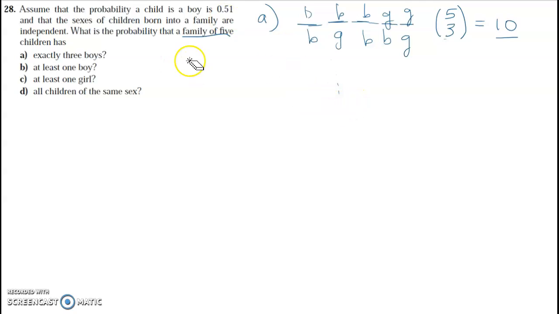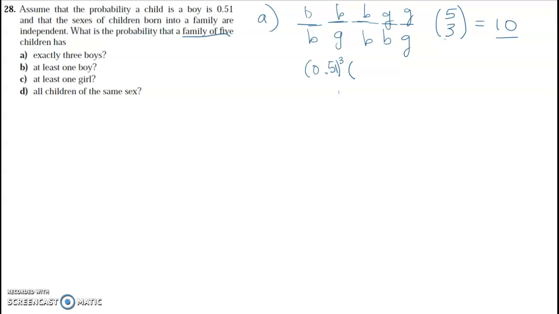So we'll keep that number around, and the next thing we have to do is find the exact probability of exactly 3 boys. The probability of having 3 boys is 0.51 multiplied 3 times.